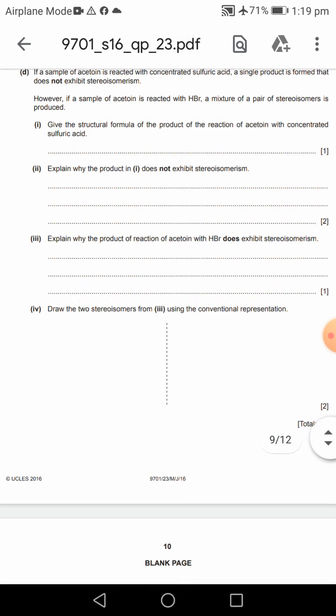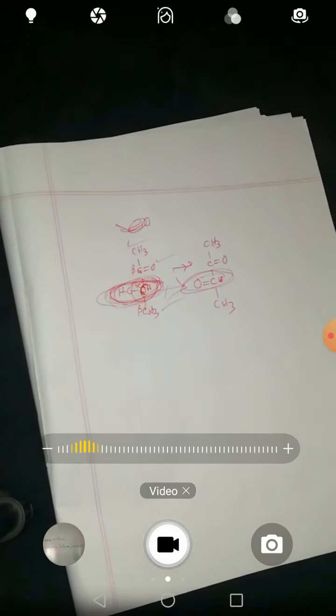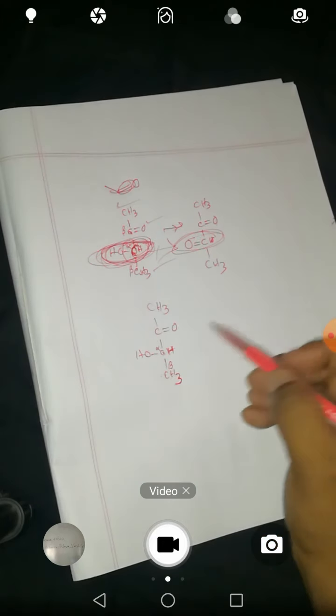Okay, let's go. So this is the acetone. Look, so this carbon has an OH group, and for a dehydration or elimination reaction, any one of the beta carbons, or maybe both, must contain a hydrogen.